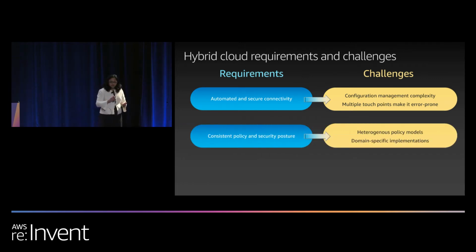Then the second key requirement is you need to ensure that there is consistent policy and security for your application workloads as you are adopting hybrid cloud. Again, this becomes an issue typically because in your on-prem world, you have a different language that is being spoken. You are speaking Spanish. In the cloud world, you are speaking, say, English or French.